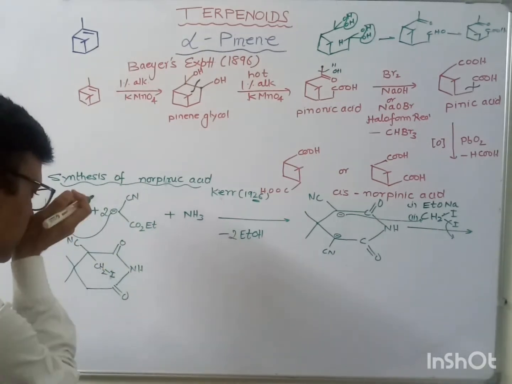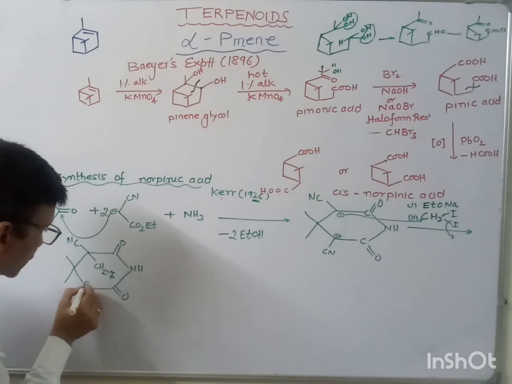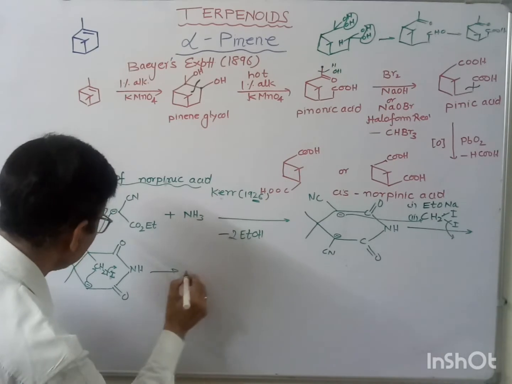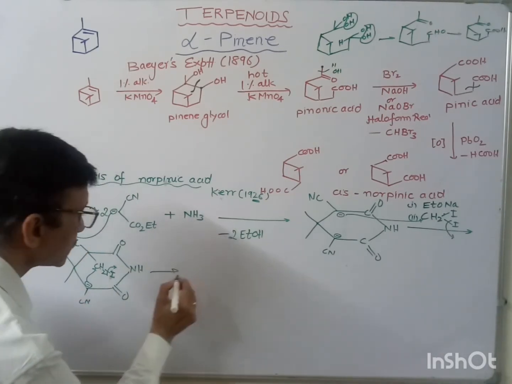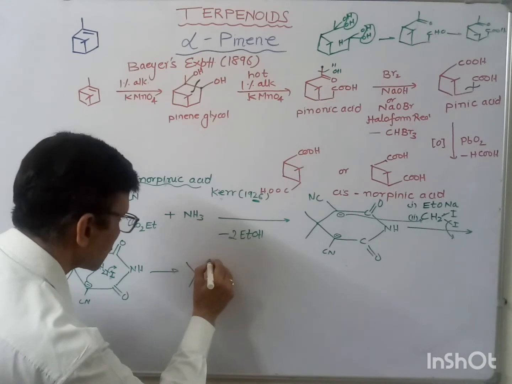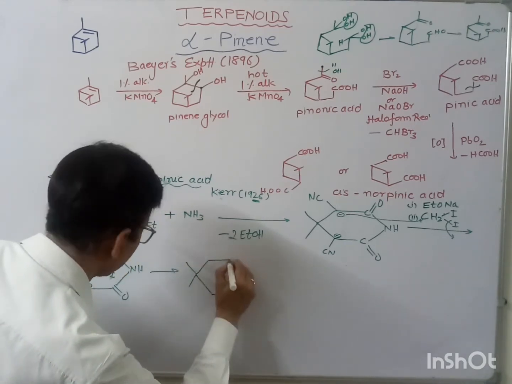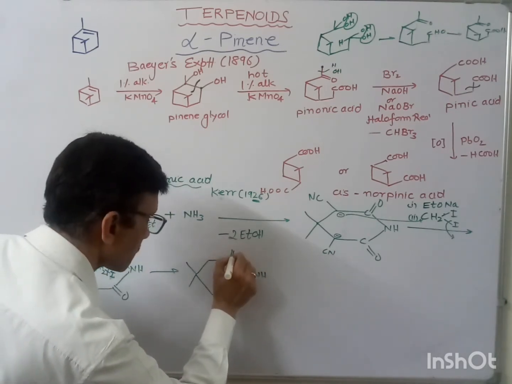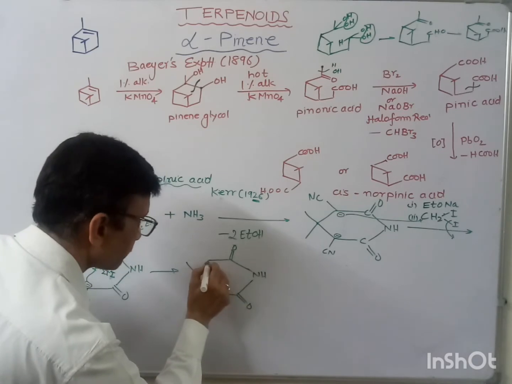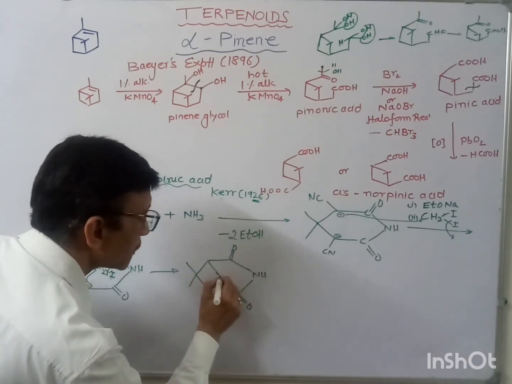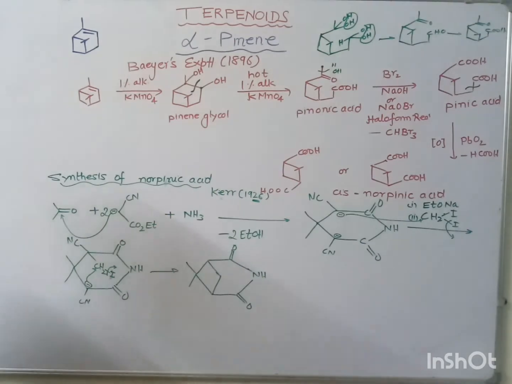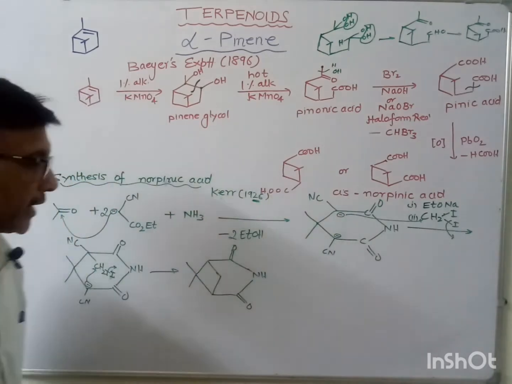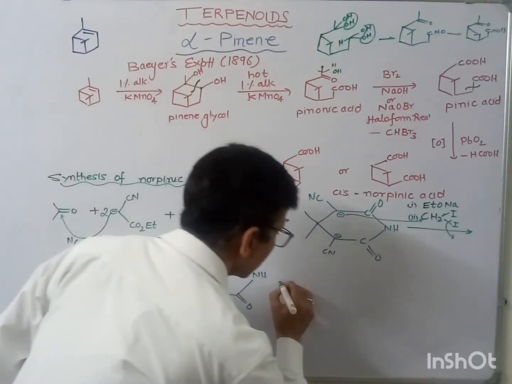Okay, and in the next step, this minus charge will again attack over here, and this I will be removed, and we may write here. So we have got a structure that resembles something like this, and now we may convert this one.